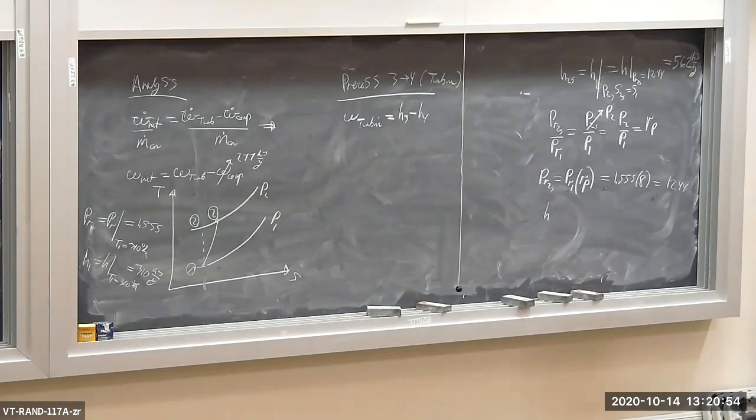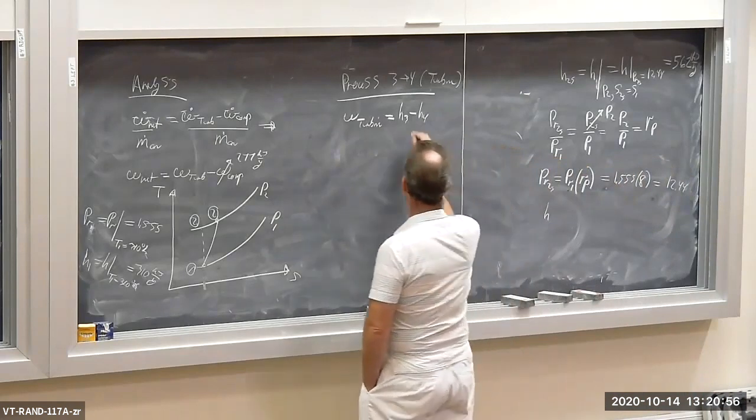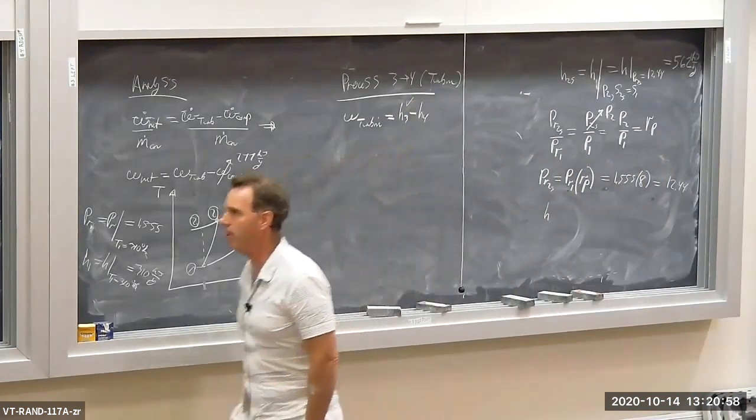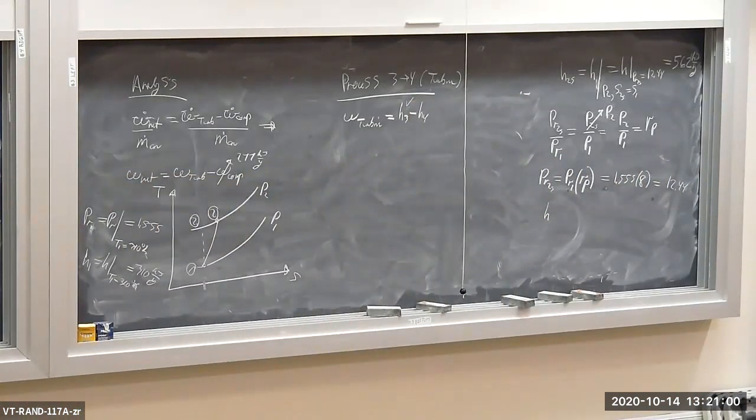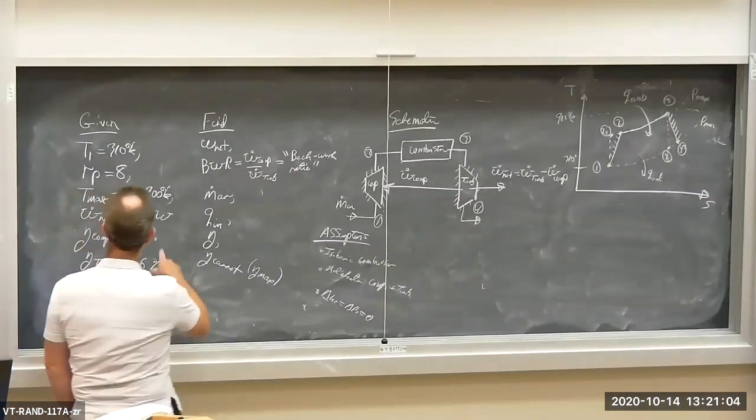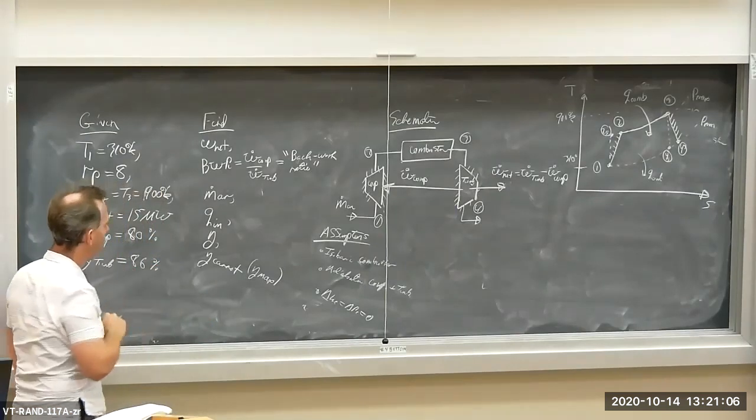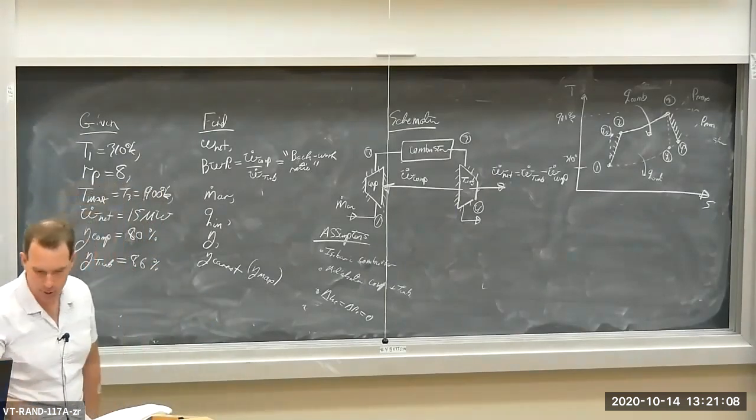I know H3. How do I know H3? Because I have the maximum temperature at state 3. T3, 900 degrees Kelvin, is the maximum temperature in the cycle.